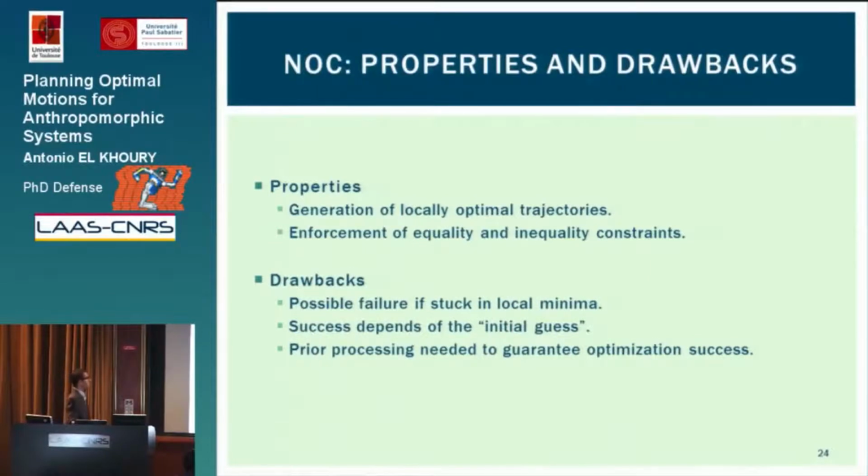Now, it has some drawbacks due to the fact that it's local, so it can get stuck in local minima, and so the success of such methods depends on the initial guess that we provide to them. This suggests that we also need prior processing to guarantee the optimization success.